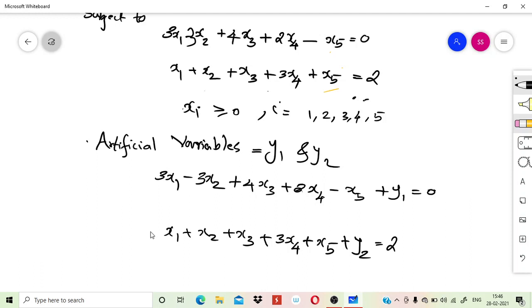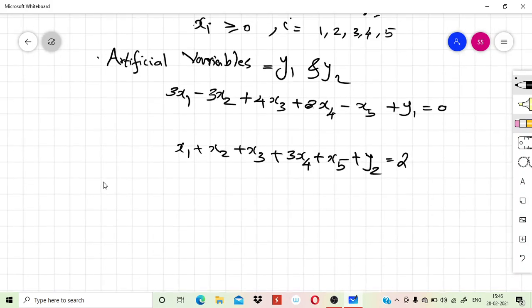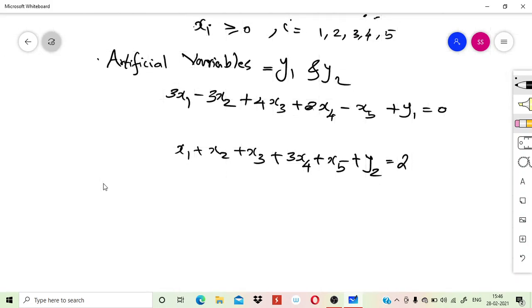But in this case, in the next step, we will define another variable w, defined as w equal to y1 plus y2.